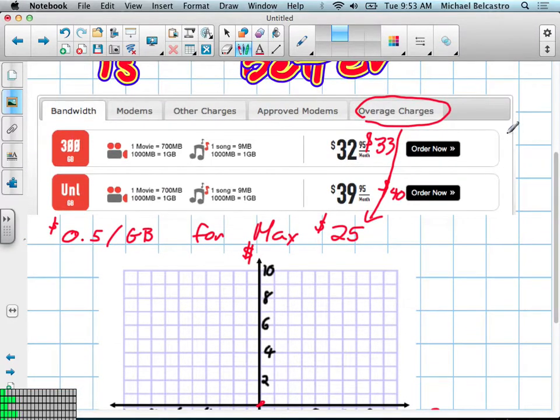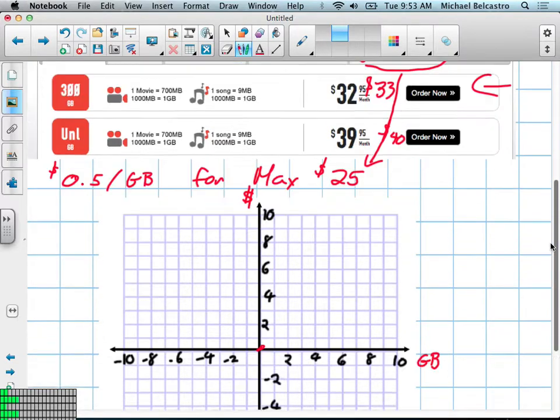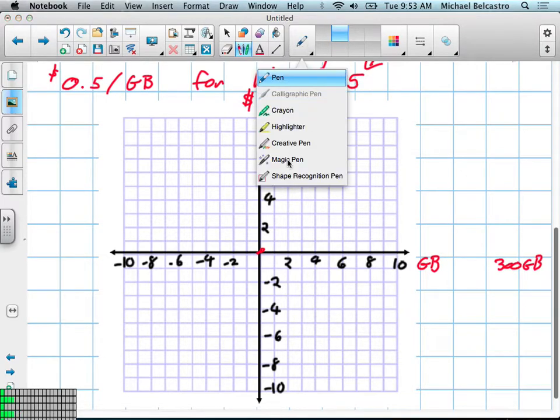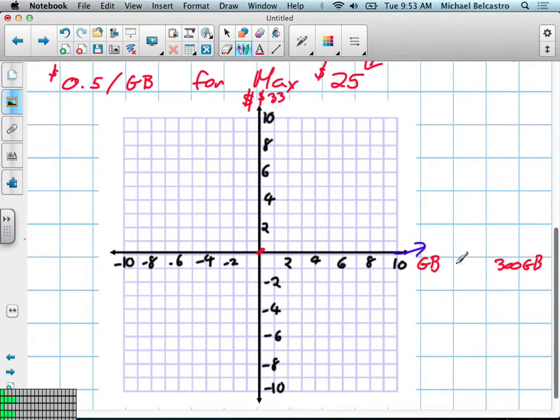Our starting point on this plan here is technically at 300 gigabytes. That's where we start. And technically our price is $33. Now I could make the graph so I start at 33, but we'd have to make this graph go all the way to 300, and essentially we'd have a flat line.